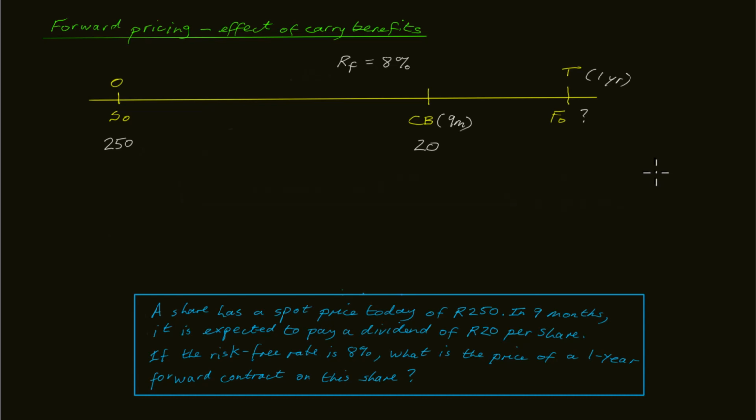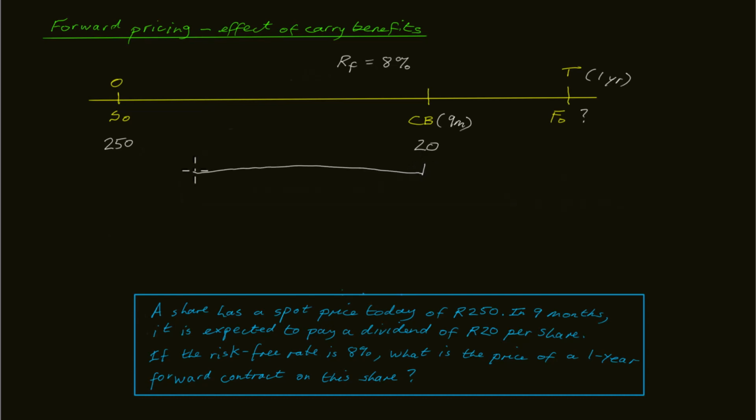Let us begin by considering the effect of the carry benefits. We know from the principle of cash flow additivity that we cannot take that 20 Rand and adjust it against the 250 because they are simply put at different points in the timeline. We need to bring the 20 Rand back to T0 today in order to make the necessary adjustments.